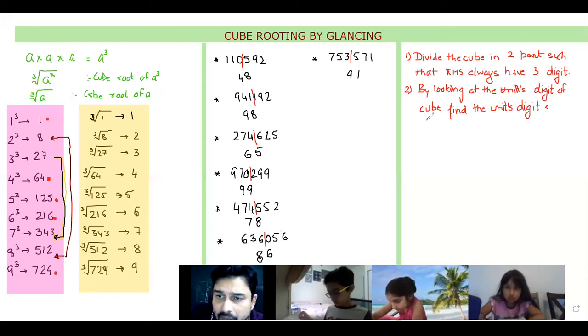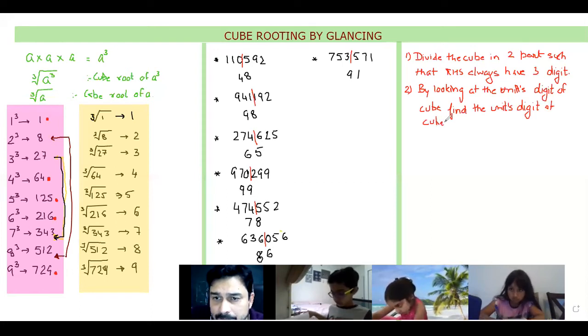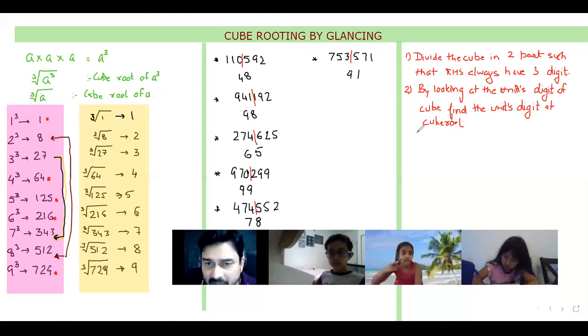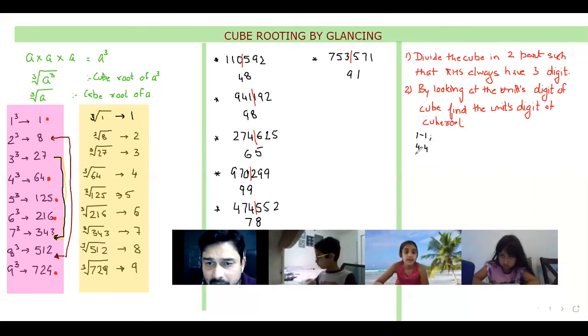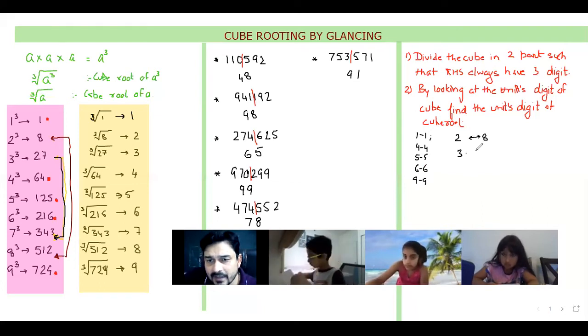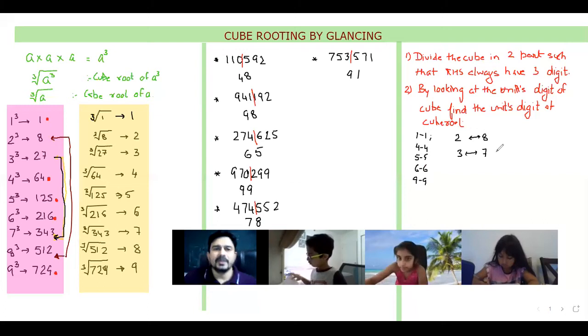How? If anyone asks how, you can answer: 1 ends in 1, then 4 ends in 4, 5 ends in 5, 6 ends in 6, and 9 ends in 9. 2 ends in 8 and 8 ends in 2. Similarly, 3 ends in 7 and 7 ends in 3.